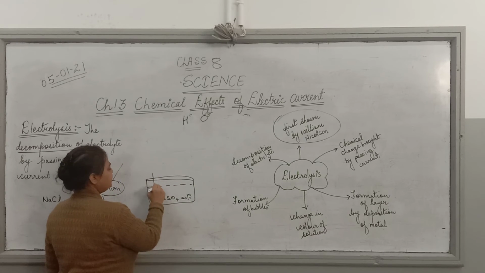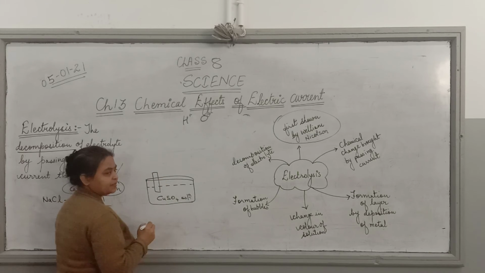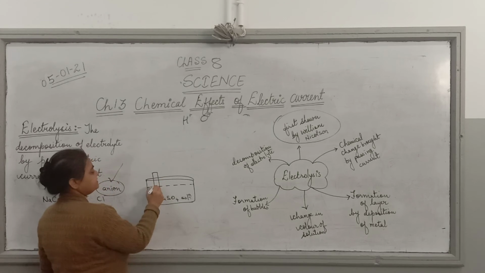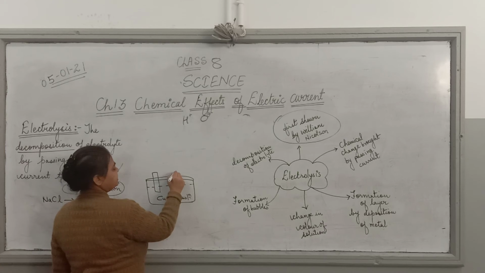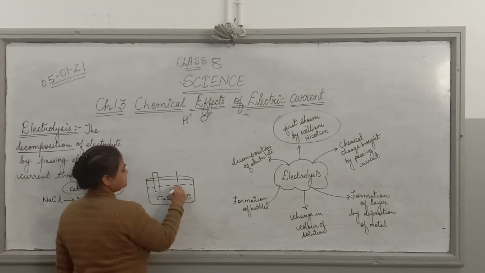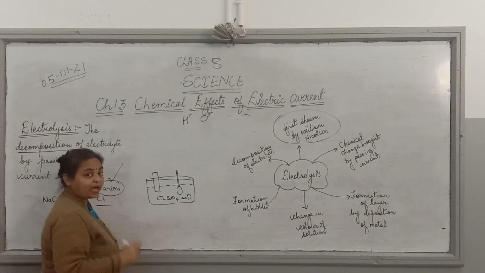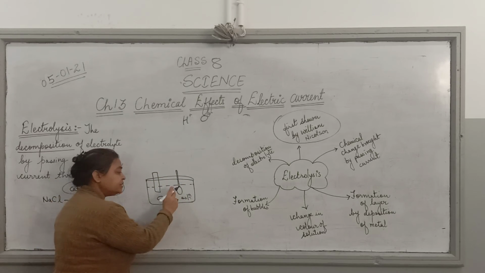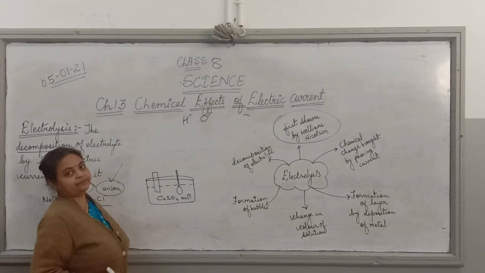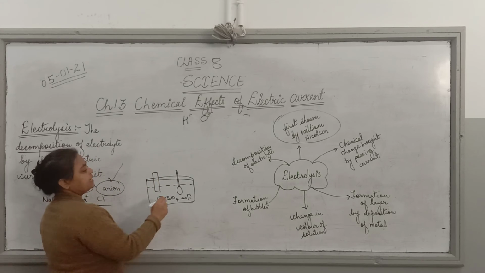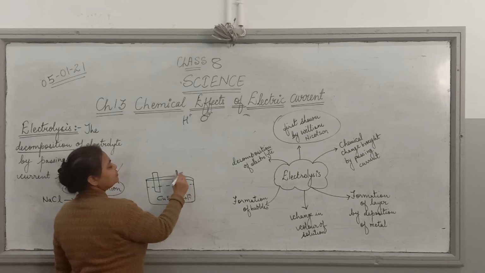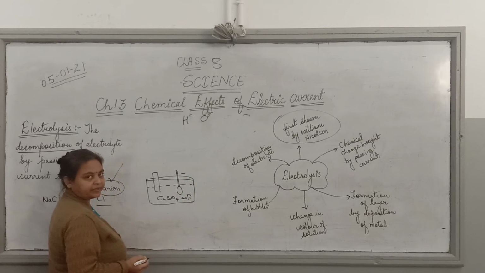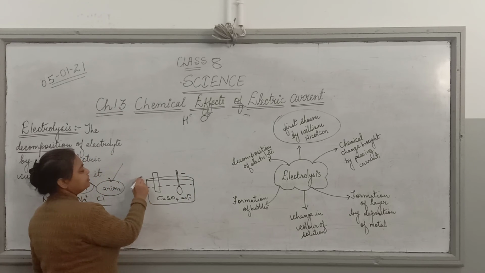Okay, on one end I will take a copper rod as one of the electrodes, and on the other end I will take the steel spoon or the iron spoon. Now I want the layer to be formed on the spoon. That means I will connect this spoon to the negative end of the battery and this copper rod to the positive end.